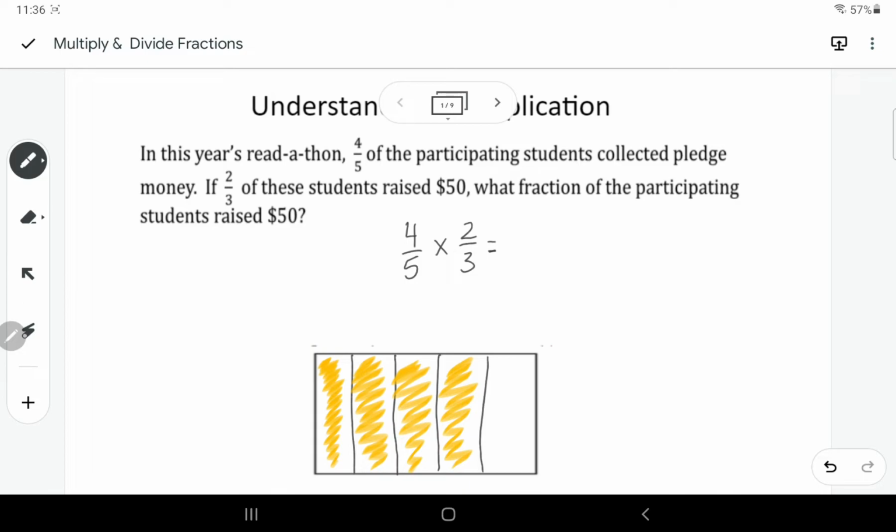Then 2/3 of those students, so I'm going to look here at the sections I've colored in yellow and divide this up and further highlight 2/3 of them.